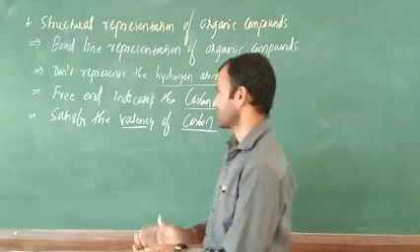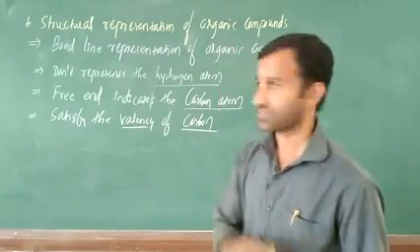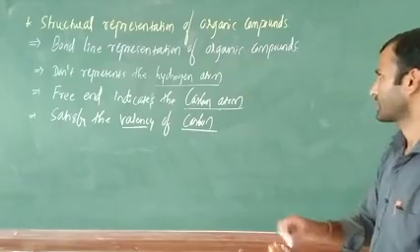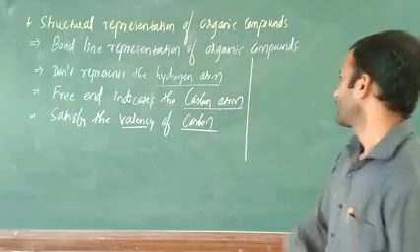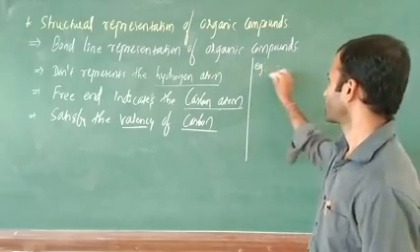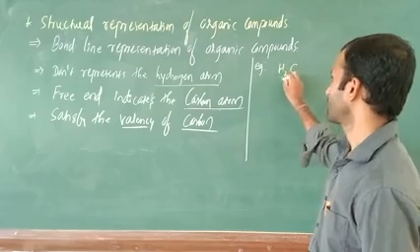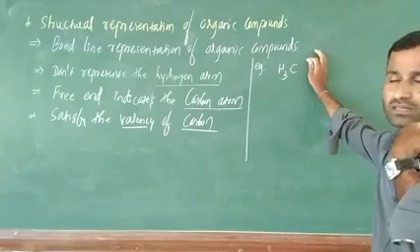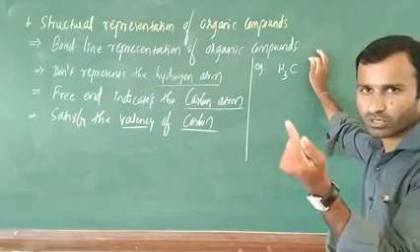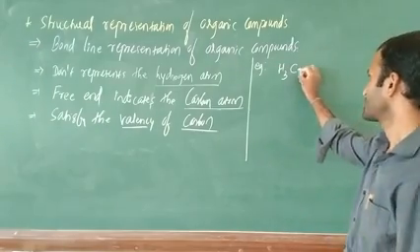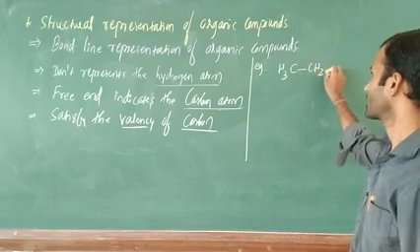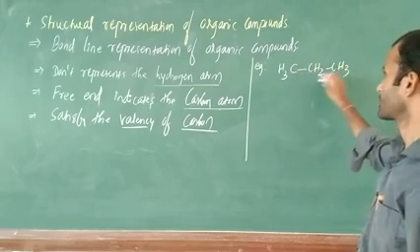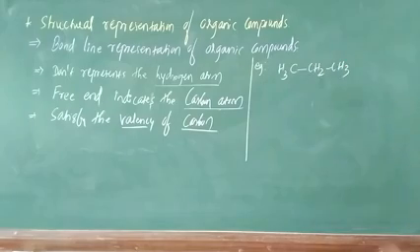Next, we are going to study examples for bond line representation. Very simple examples. For the first example, I am going to write the normal form, after that the bond line representation. CH3, next CH2, next CH3. What is the bond line representation of the given compound?